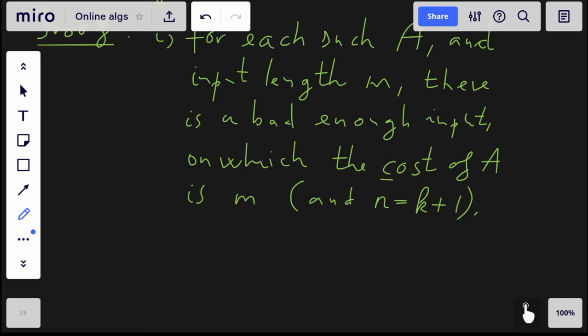So we can generate a bad enough input, but it's not enough.